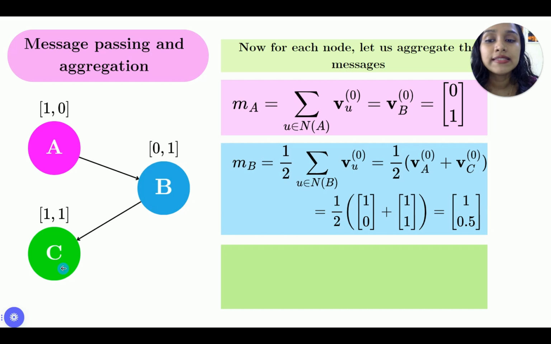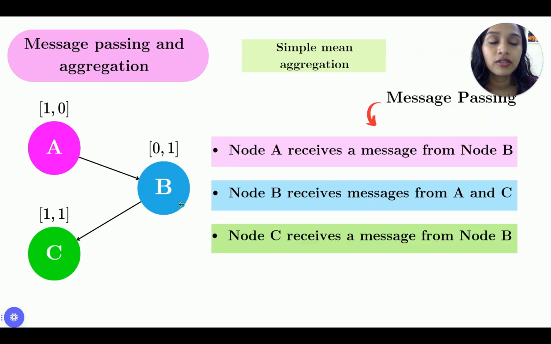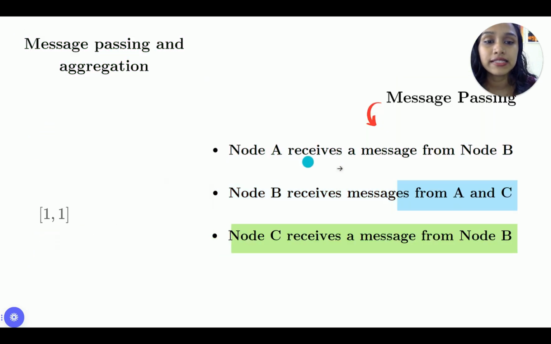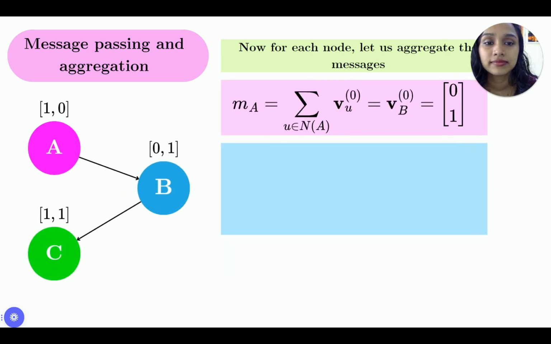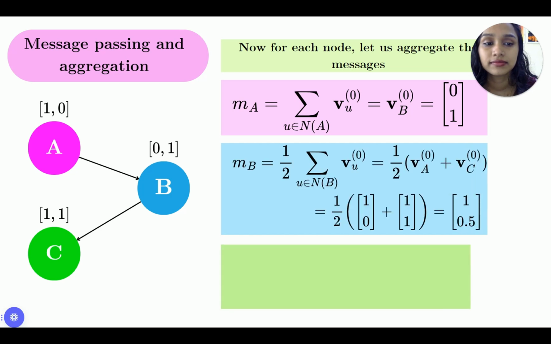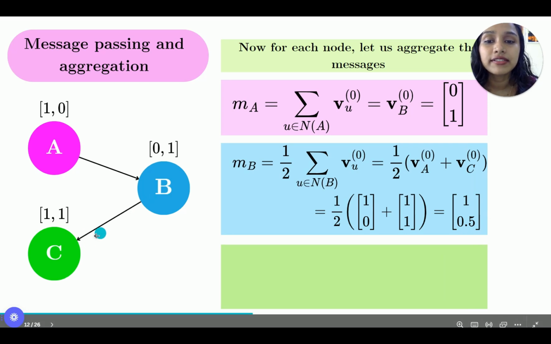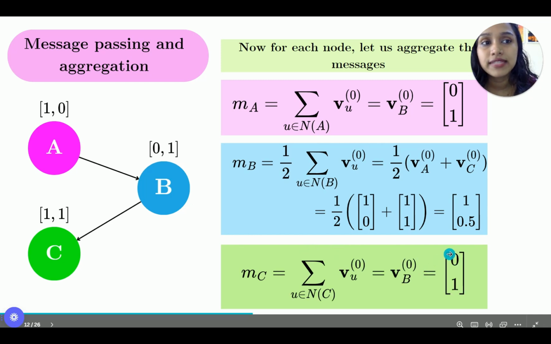And finally, C received its message from node B. So the aggregated message for C becomes what it received from node B, which is 0, 1.